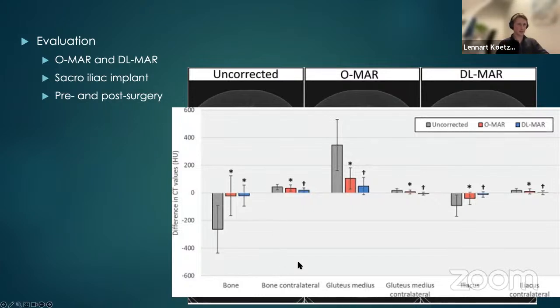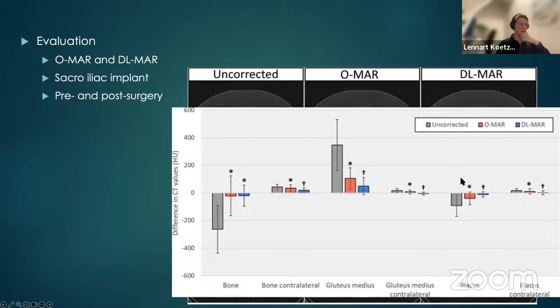Here we can see that the uncorrected images have large differences in the CT values, and both metal artifact reduction algorithms have definitely reduced this difference. We can also see that the deep learning MAR generally performs better than the OMAR.